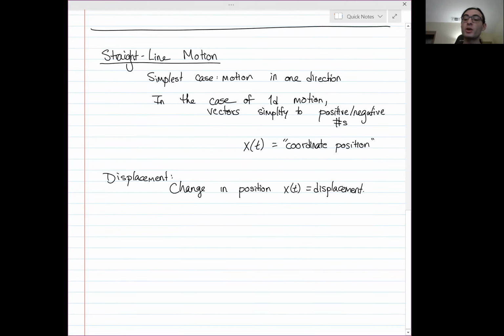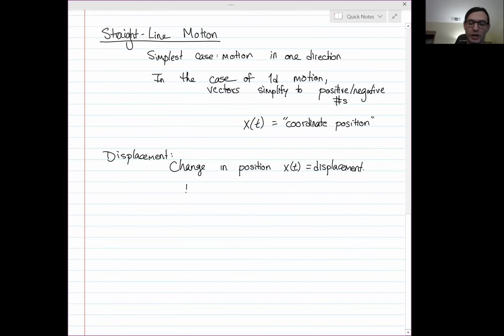So the way that we characterize this mathematically is we would write displacement, this is just the word, it's not the mathematical thing, we would call this delta x. Delta meaning change, x meaning the variable which represents our coordinate position. And so this would be xf, final x, minus the initial x. So you would take what your final position was, and subtract from it your initial position.